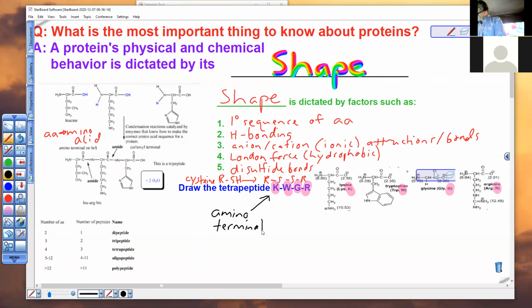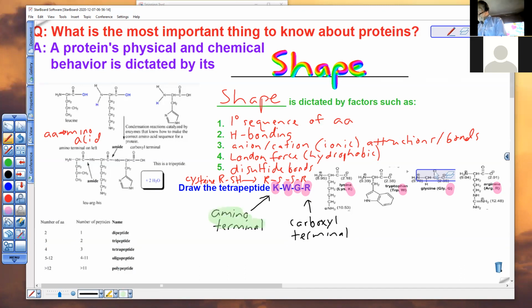And that means there'll be a free ammonium out there. And this will be the carboxyl terminal. It'll have a free carboxyl group. I will highlight those as well, because when you're done, you'll see exactly what you have in the originals.